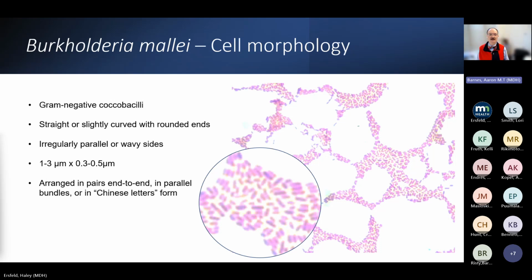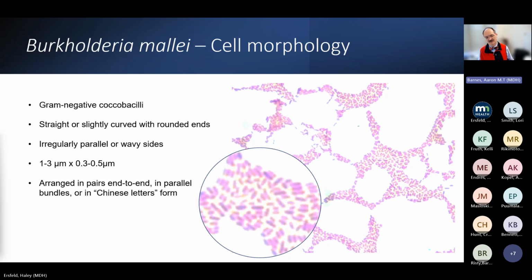So Burkholderia mallei, these are gram-negative coccobacilli. They tend to be a little bit on the curved side. I mean, they're not curved like Vibrio or anything, but they have a little bit of a kink to them. Either that or they just have really rounded ends. So the opposite of what you'd see in BA, for example. Sometimes their edges are a little bit wavy.